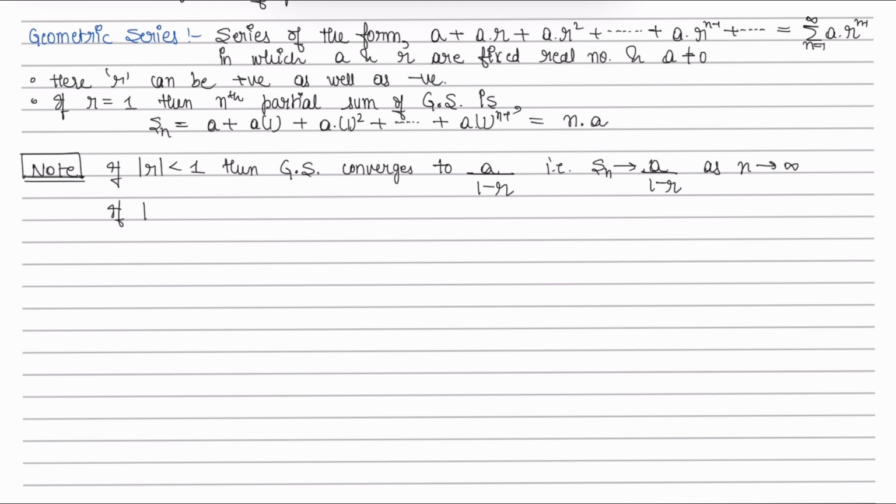If mod of R is greater than or equal to 1, then the geometric series diverges.